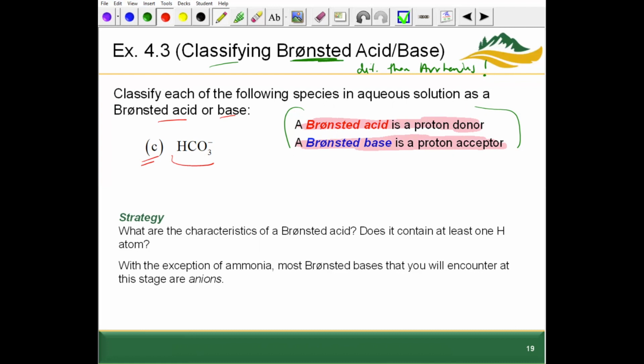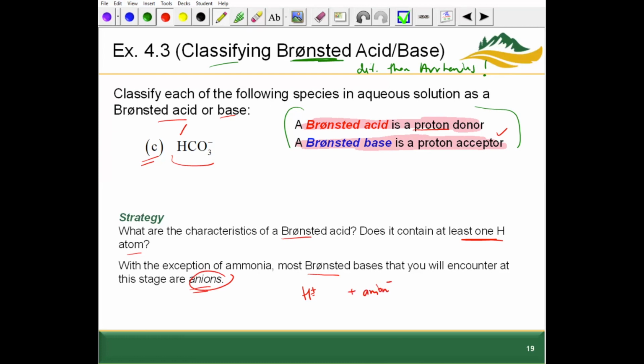In solving a problem like this, we should think, what are the characteristics of a Bronsted acid? Does it contain at least one hydrogen atom that can then be donated? Well, yes, it does. Then for Bronsted bases, you'll encounter that most of these Bronsted bases are anions. If they can accept a proton that has a positive charge, then Bronsted bases typically have a negative charge.